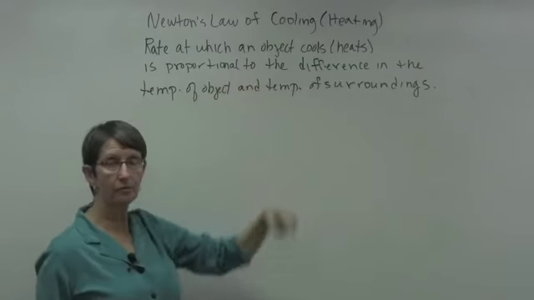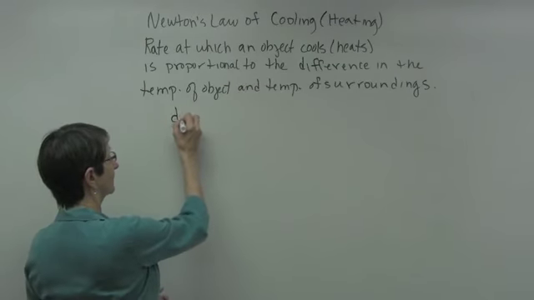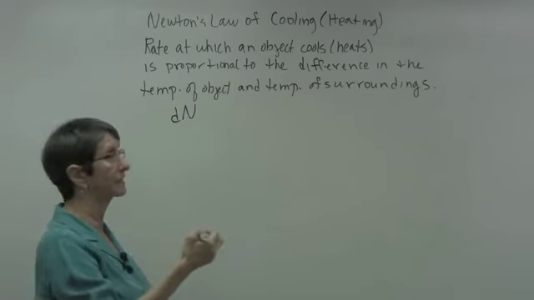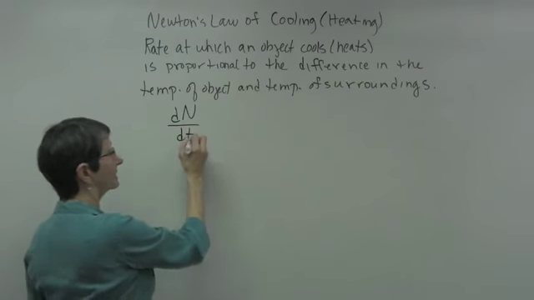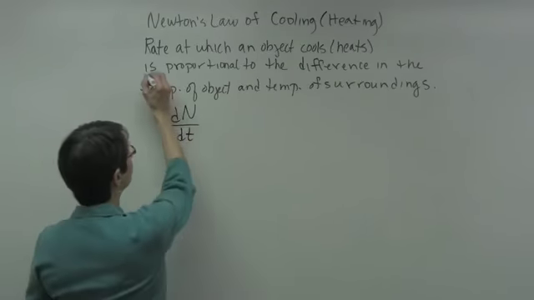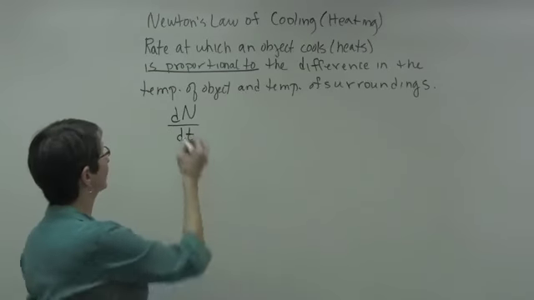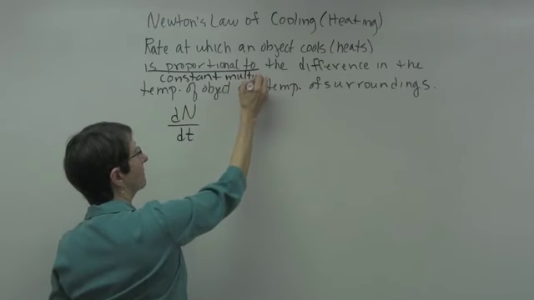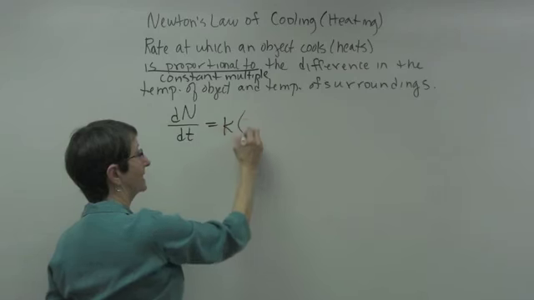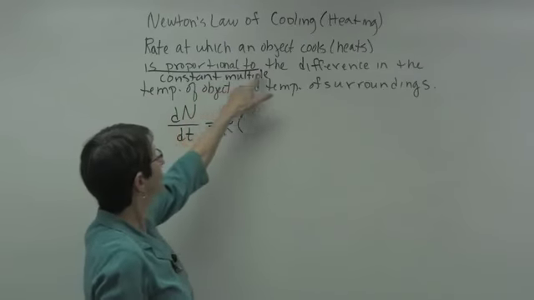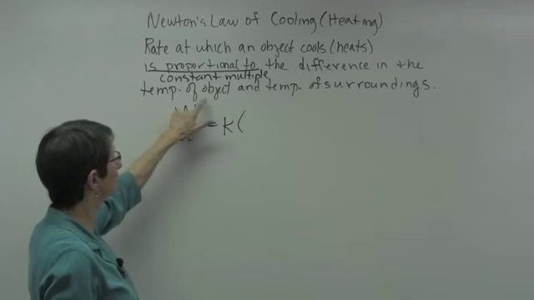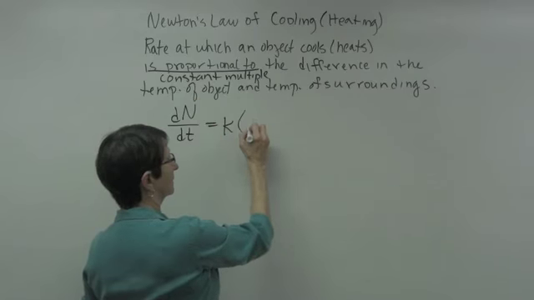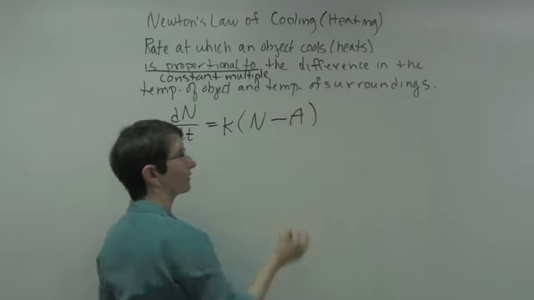So let's say the derivative of N, the temperature of the object, with respect to time, so it's a change over time, is proportional to, which means a constant multiple of, so that's equal to k times the difference between the temperature of the object, N, minus the temperature of the surroundings, A.